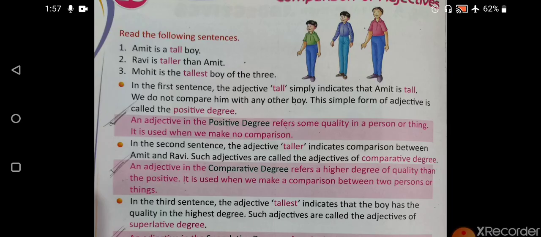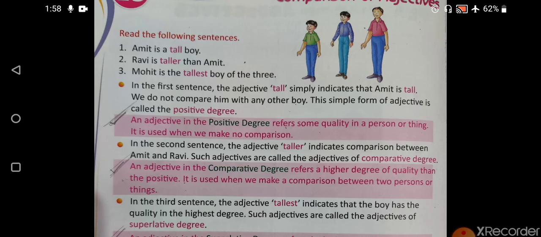Second one is the comparative degree. In comparative degree, we compare two people together. And when we compare two people together, it is very necessary for us to write "than". Wherever in a sentence "than" is used, it is understood that the comparison is done between two people, and the degree that will be written will be the comparative degree, which is the second degree.